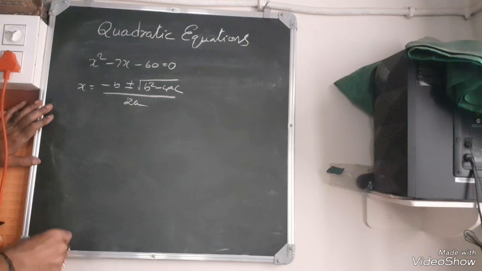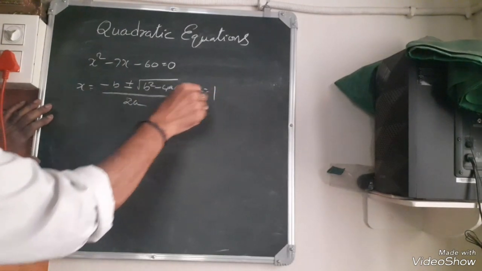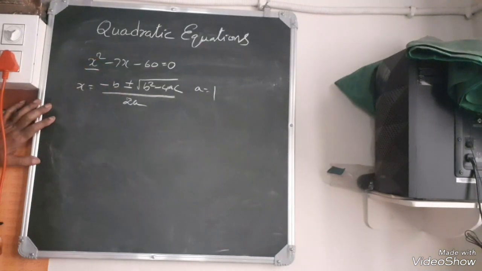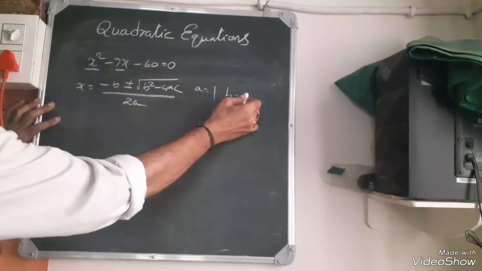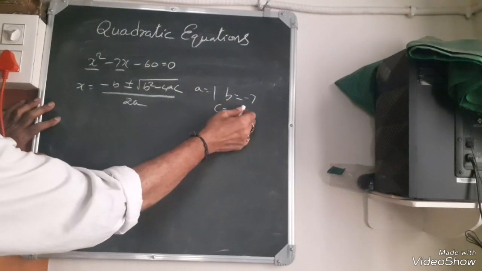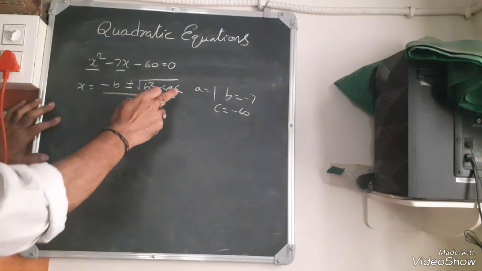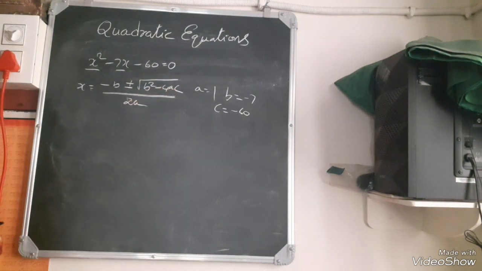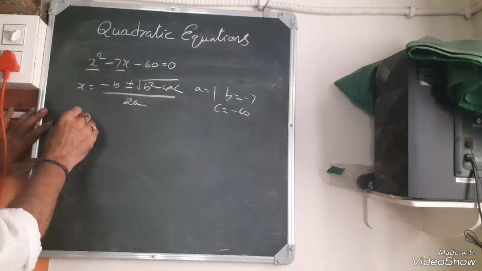So here a equal to 1, that is the coefficient of x square, and b equal to the coefficient of x, minus 7, and c equal to the constant, minus 60. Here b square minus 4ac is called the discriminant. Later we can discuss. Now listen, how you can find the solution here.